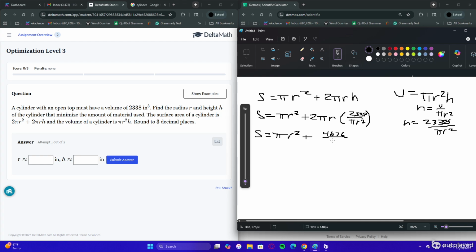So that's what our equation for the surface area would look like.